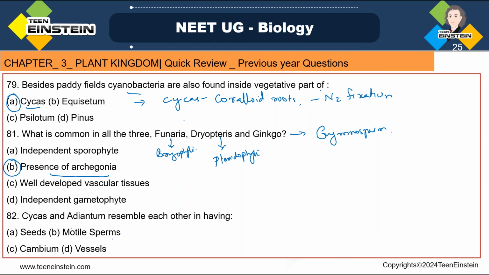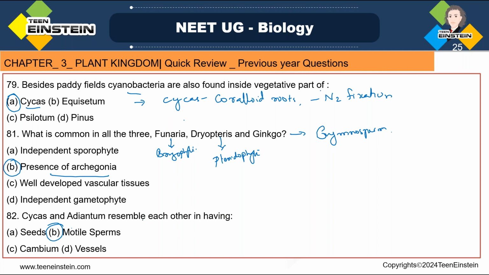What is common among these? Adiantum, we know, is called walking fern, and it is also known as maidenhair fern. So they resemble each other in having motile sperms. Adiantum and Cycas both have motile sperms.